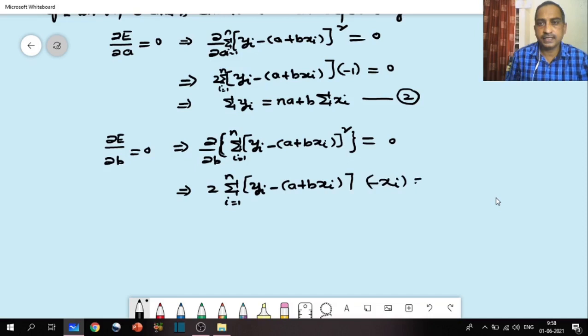If you simplify this one, you are getting summation y_i x_i equals a summation x_i plus b summation x_i square. So this is equation 3, right?